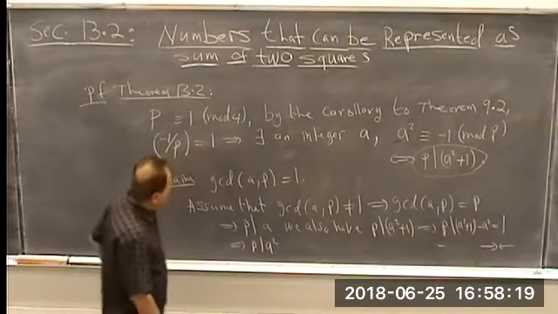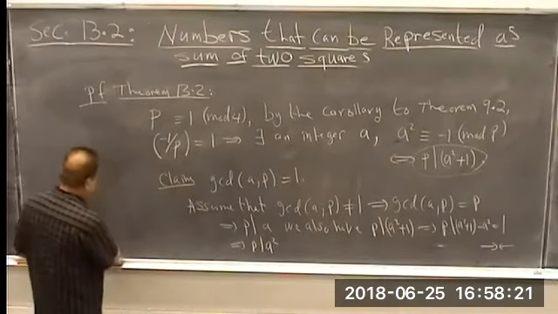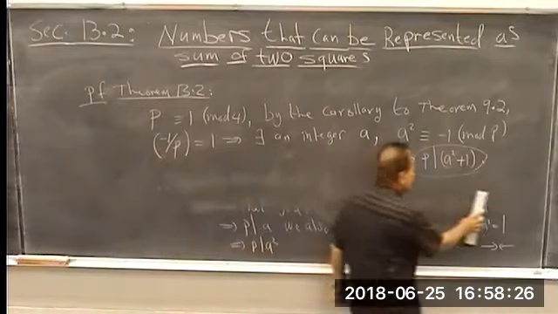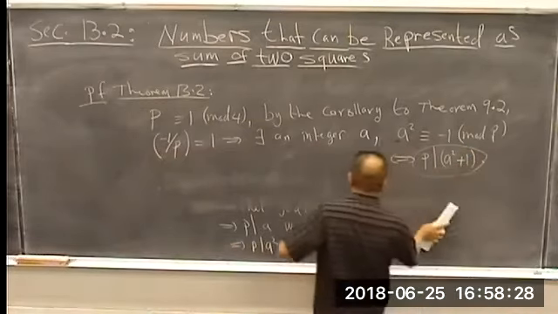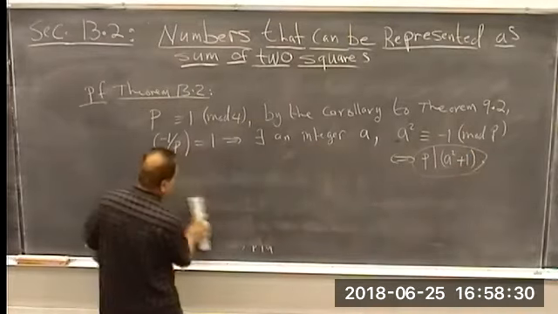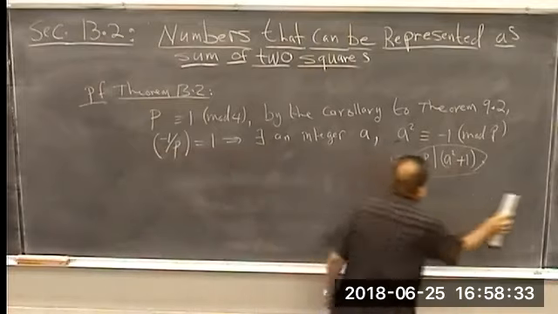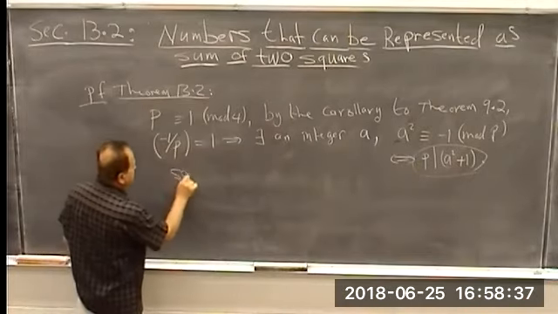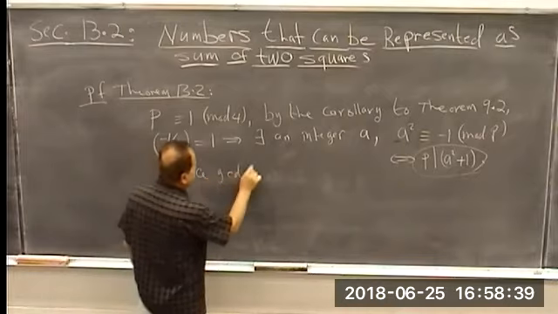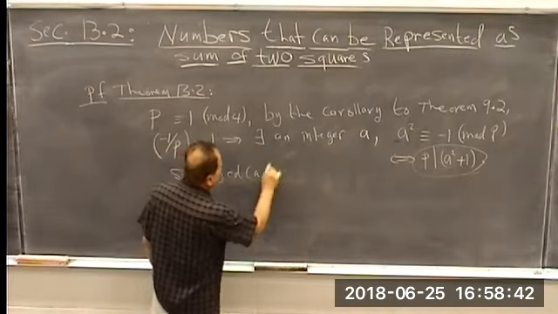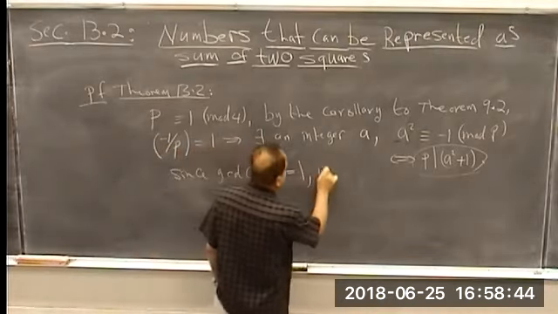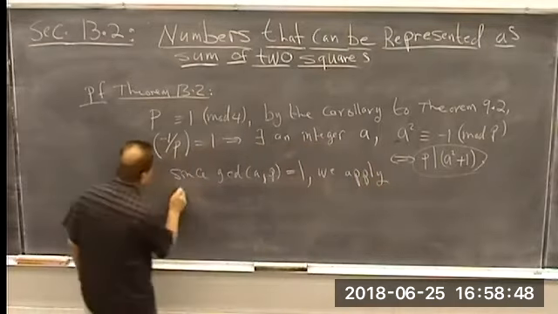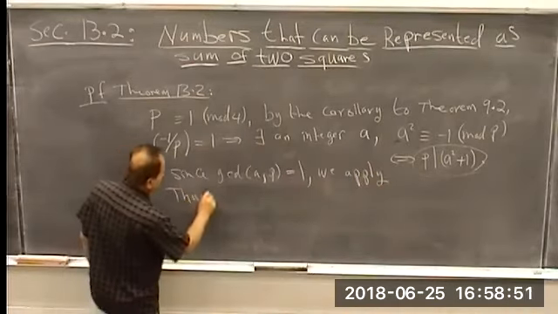All right, what does this mean? This means, yes, the greatest common divisor is equal to 1, and now we apply Thue's lemma. So since the greatest common divisor of a and p equals 1, we apply the lemma.